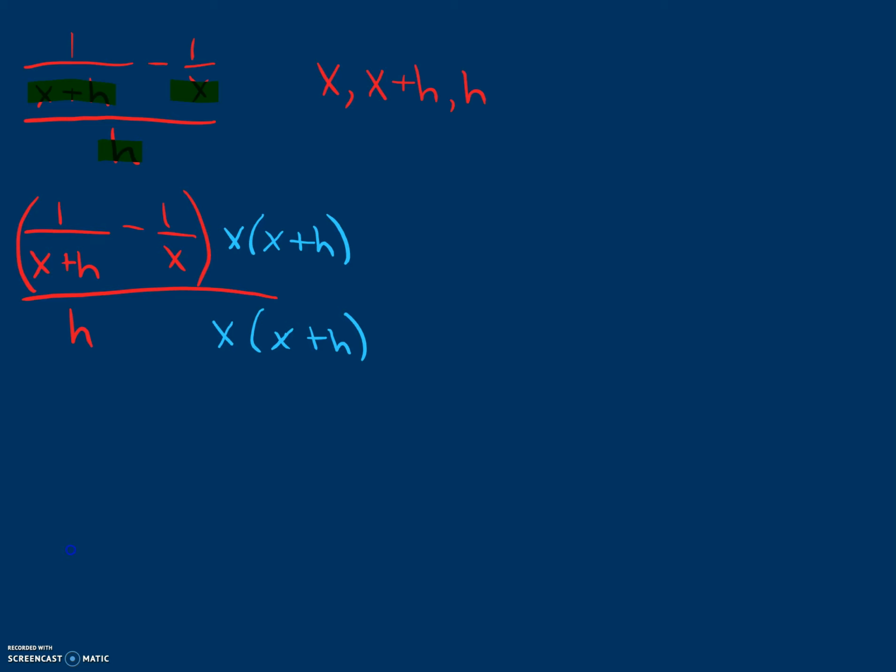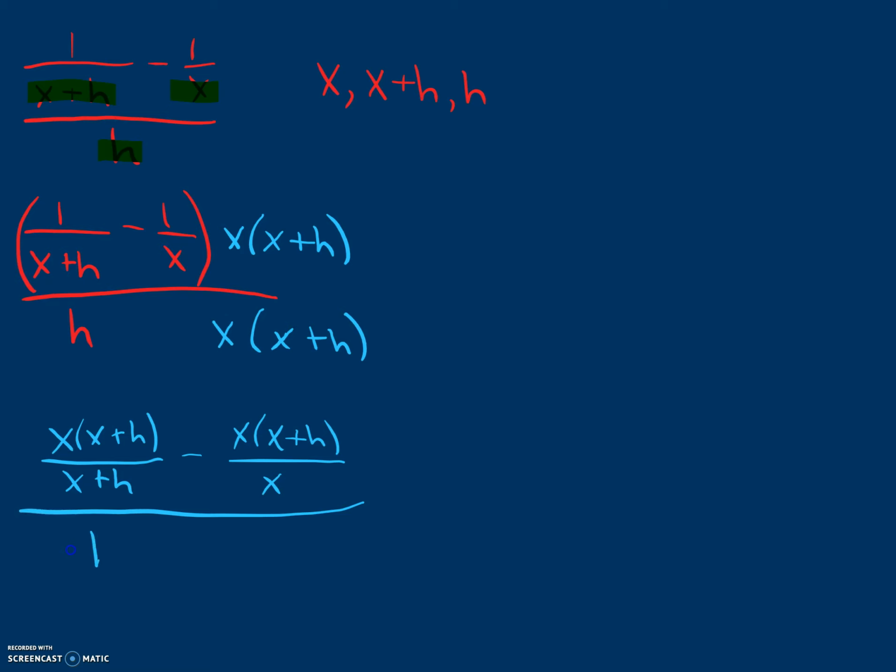So when we take 1 over x plus h times this, we get x times x plus h over x plus h, minus, now distribute, x times x plus h all over x. Now for the denominator, we get hx times x plus h.